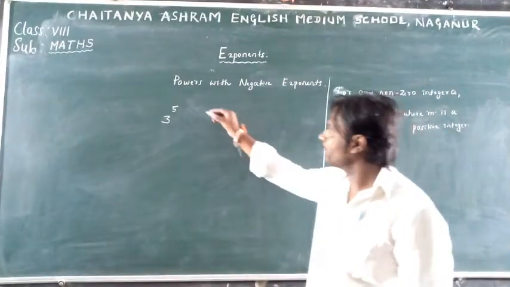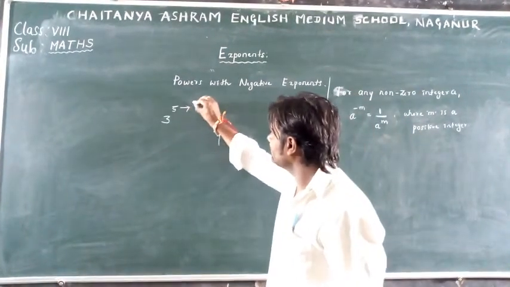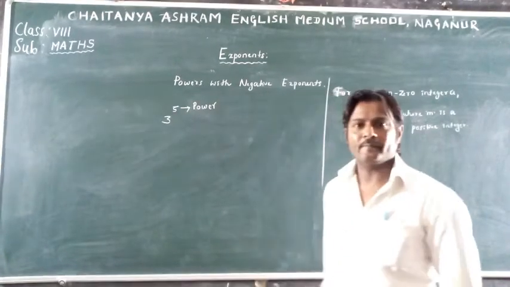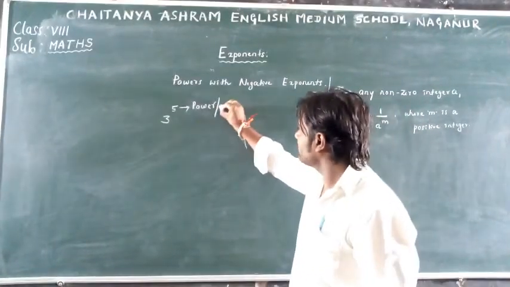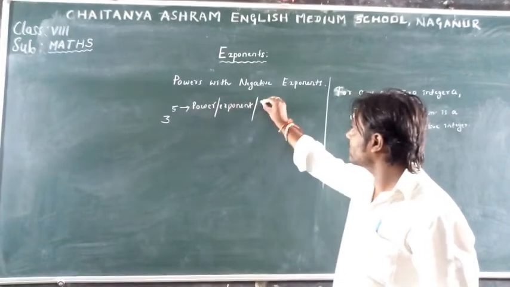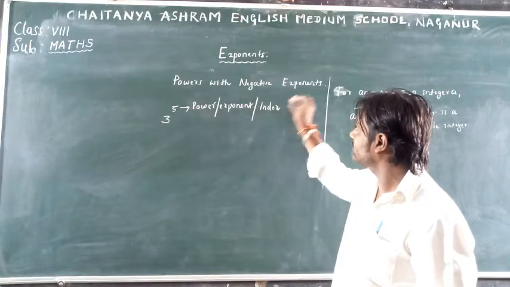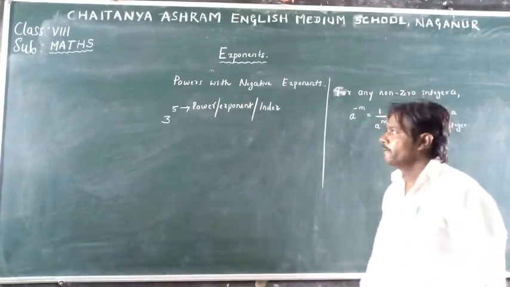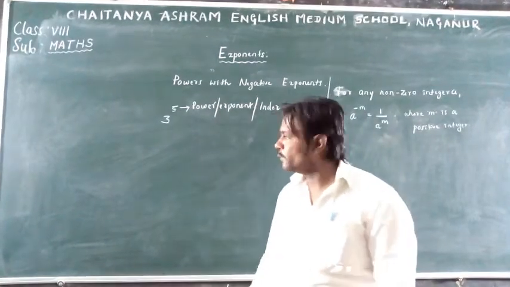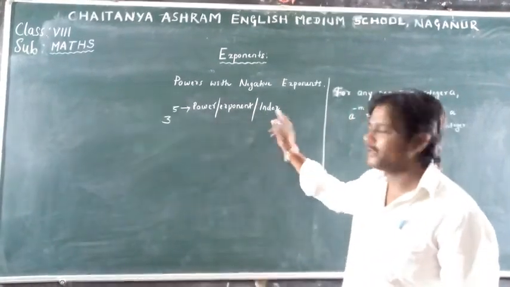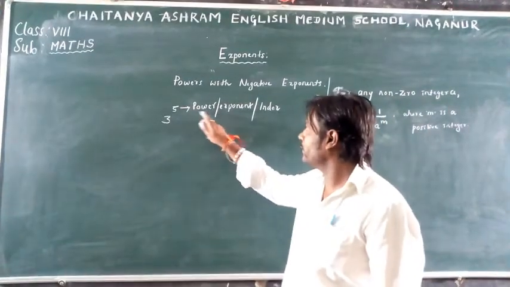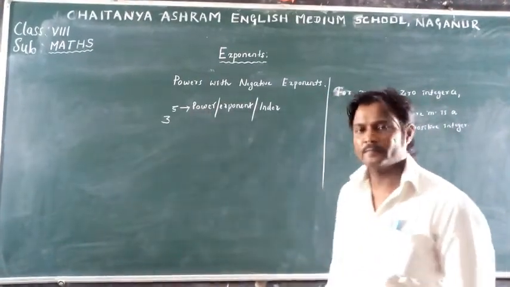Here, this is the power, or it is also called the exponent, or the index. Generally, in most cases we use index, and generally it is read as power.